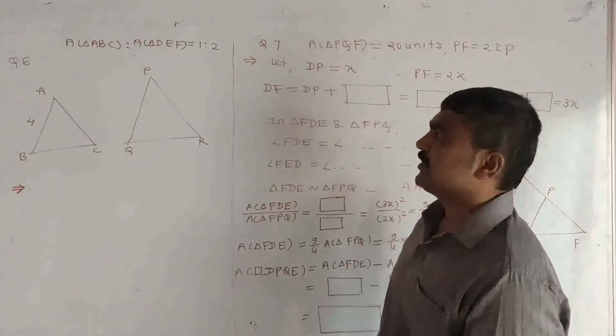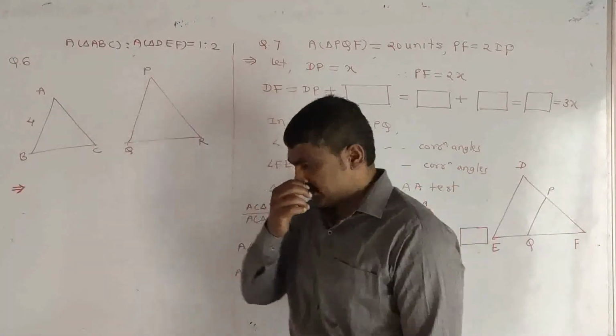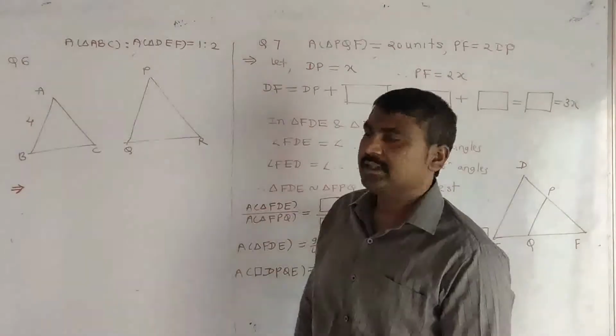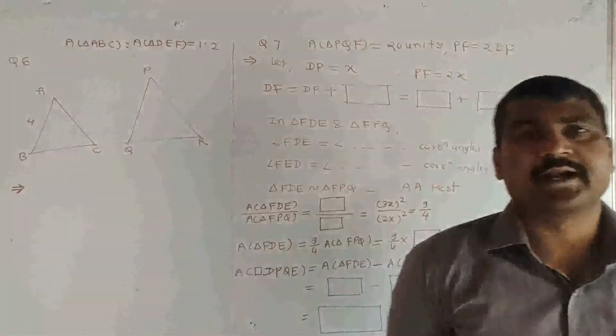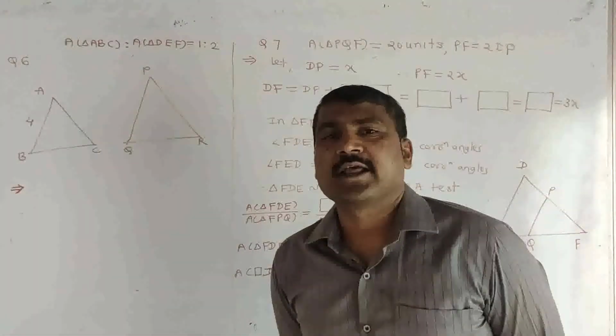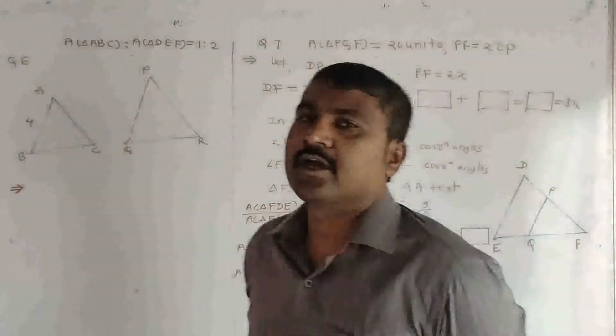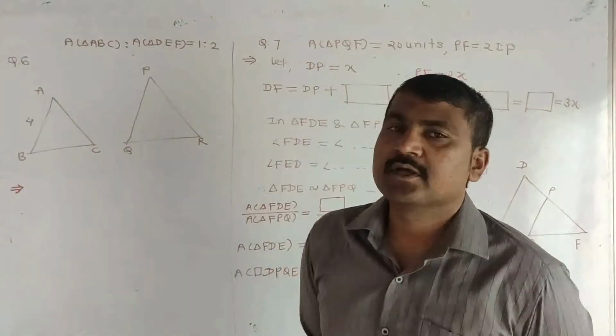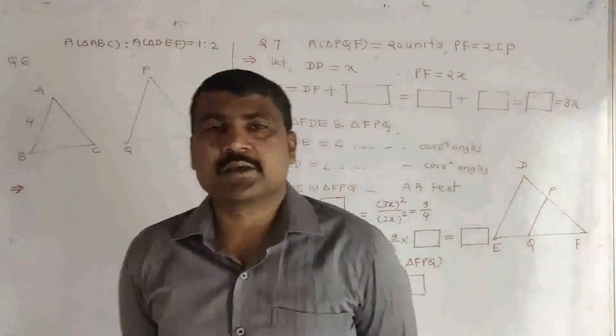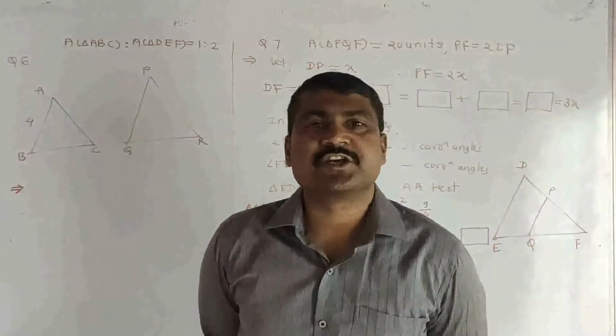Okay, so question number 6 says that two triangles ABC and PQR are equilateral triangles. Equilateral triangle means a triangle having all sides the same, and each angle is the same, 60 degrees.